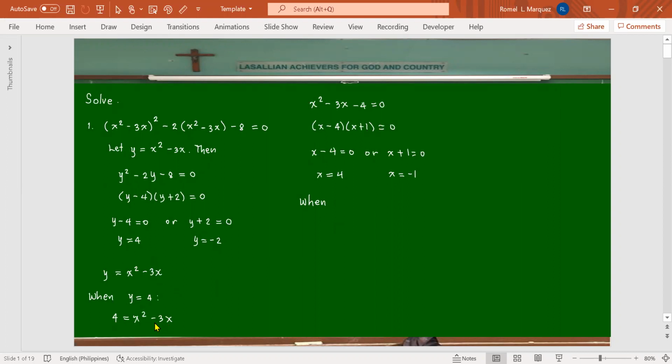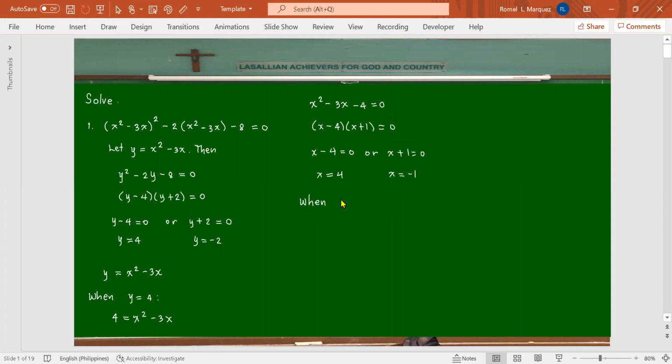So x squared minus 3x, when 4 is transposed to the right, we have minus 4, and that is equal to 0. And x squared minus 3x minus 4 is factorable into x minus 4, x plus 1. Is that right? So equate its factors to 0.